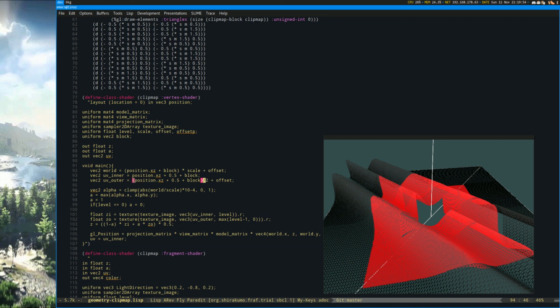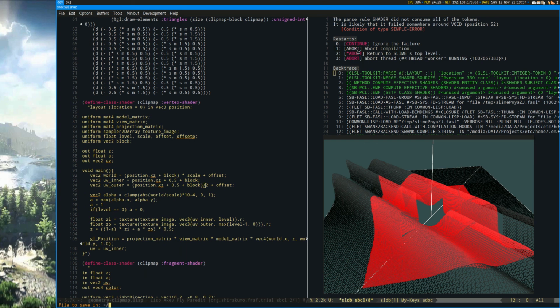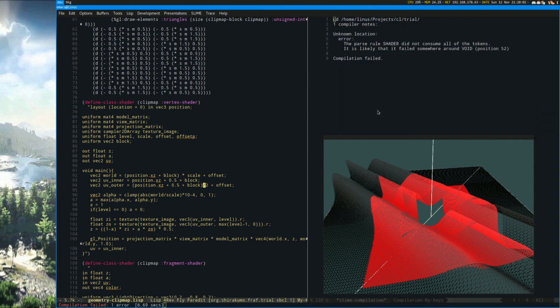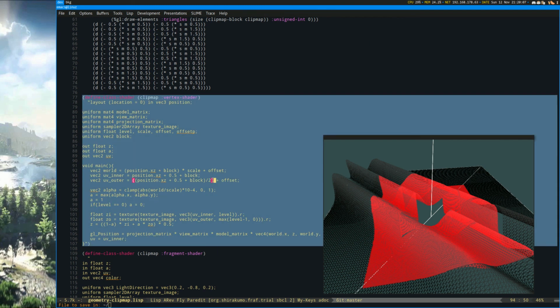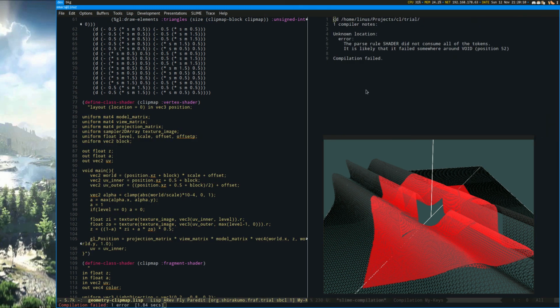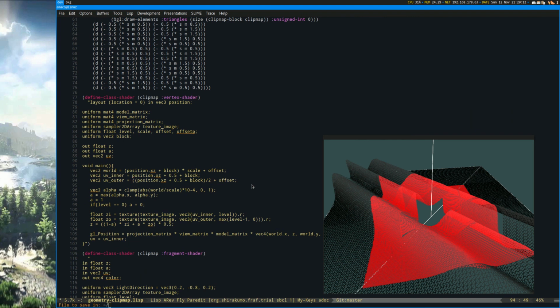Oh god, this is a problem in my thing, I think. Yeah, that's a problem in my parser. Good. Great. Why not? Why don't you like this? What is wrong? Did I do something else?